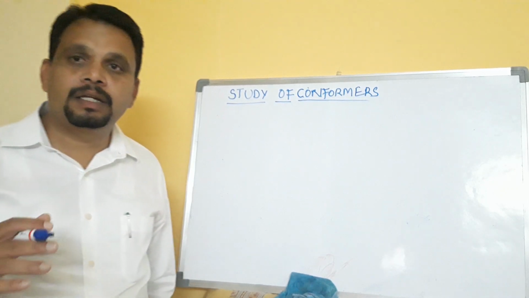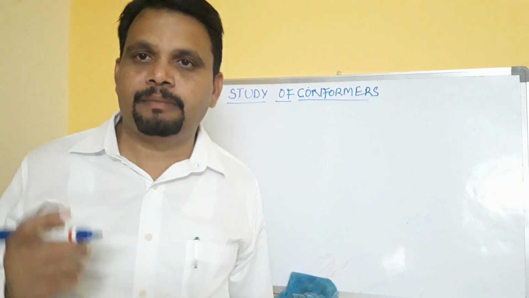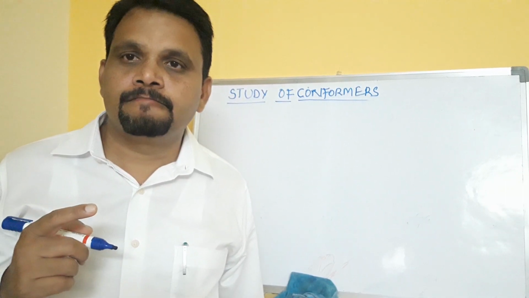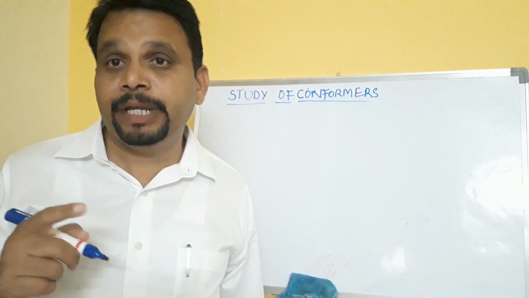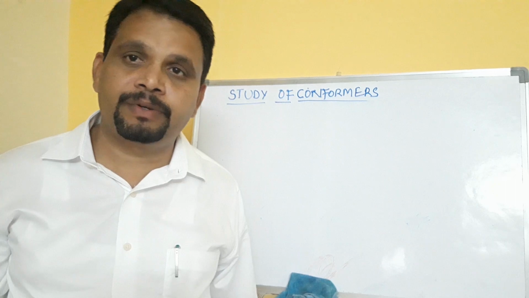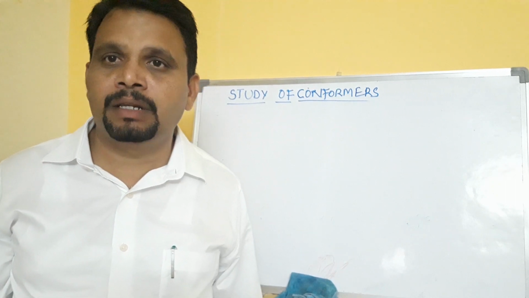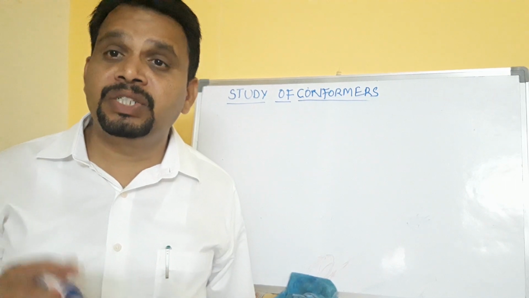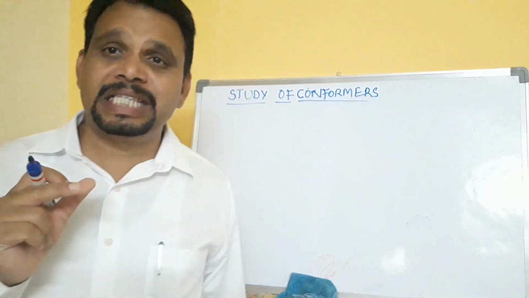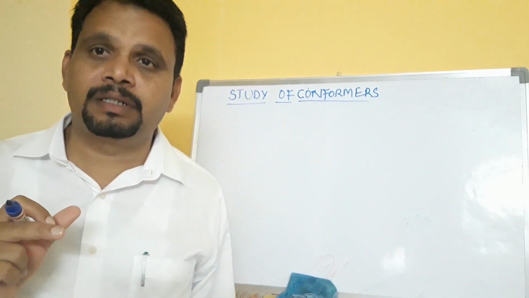Okay, so when you are given an example, you first need to write the possible conformers for that particular example. Then you need to analyze what factors exist in each conformer.